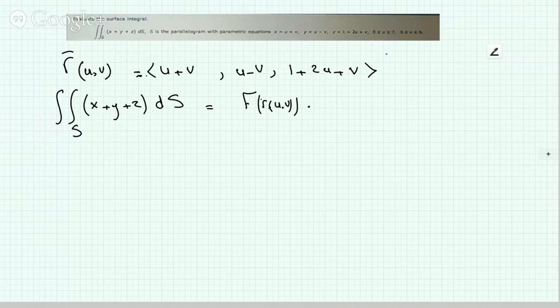It can be shown through some geometry derivations. It's equivalent to saying r_u, which is the partial of r with respect to u, crossed with r_v, partial of r with respect to v. Take the magnitude of that cross product and multiply it by dA, where A is the region of the area of region D that we will be integrating.